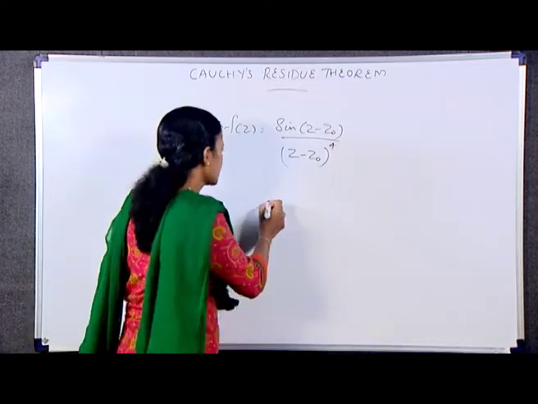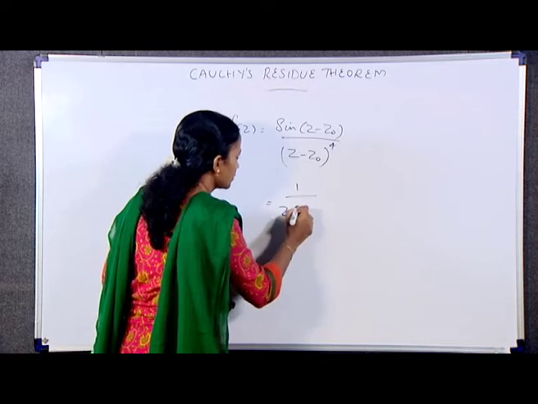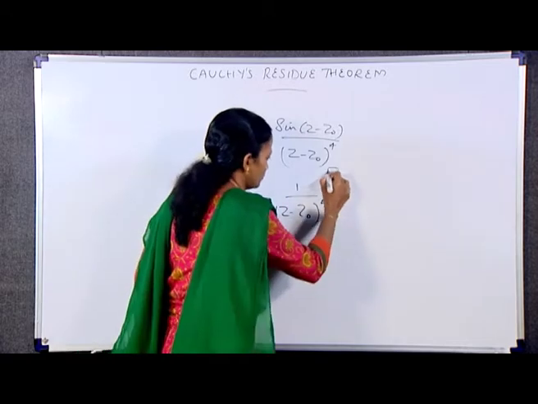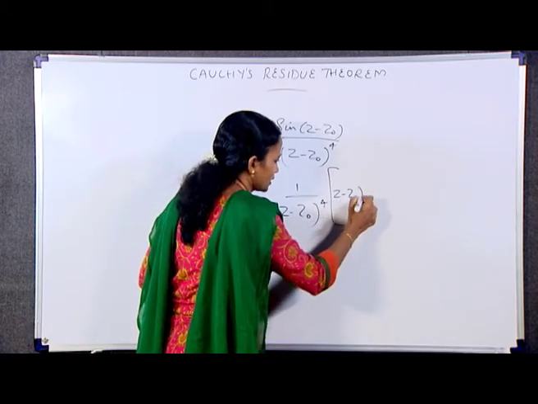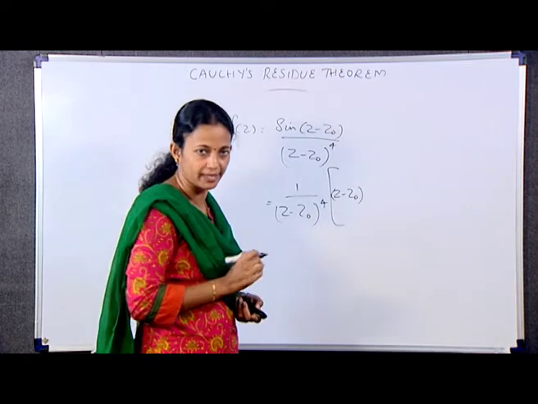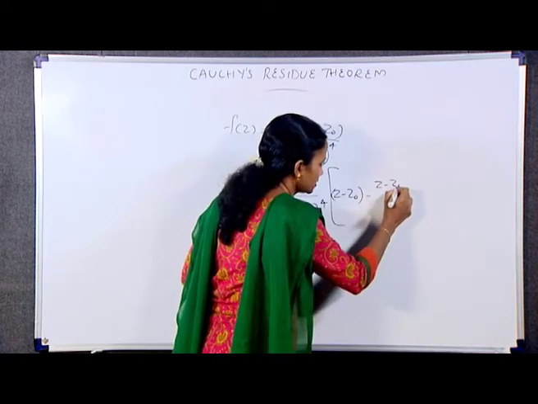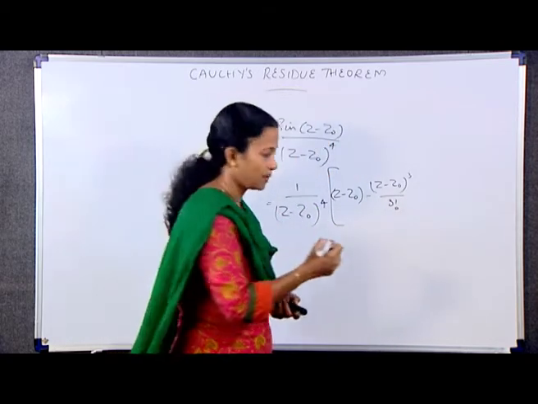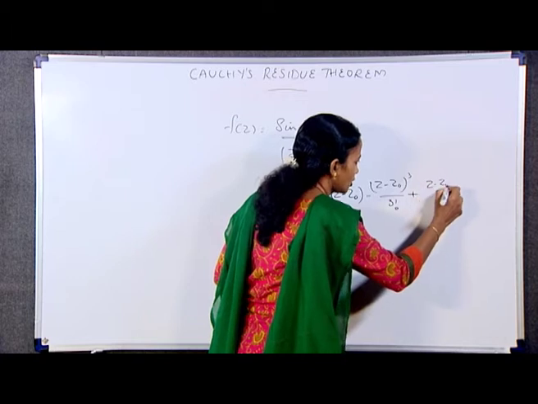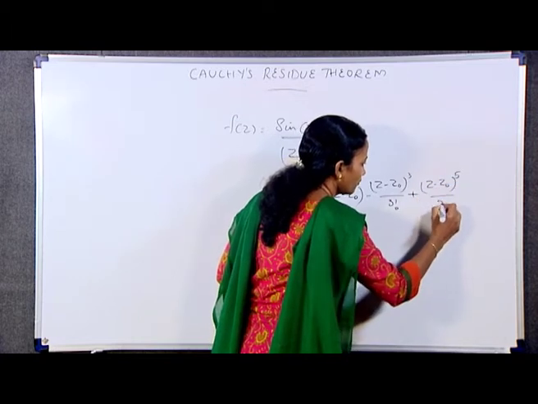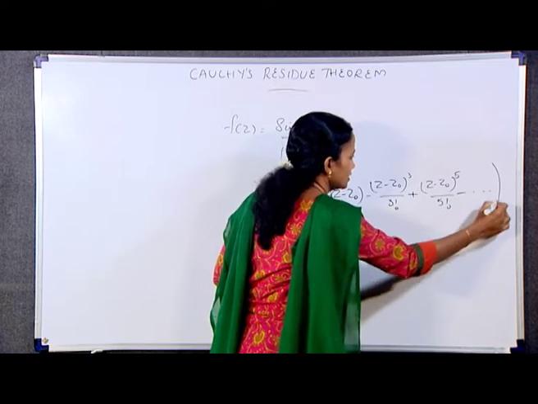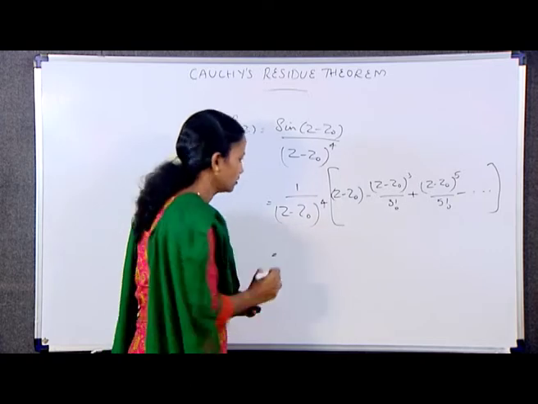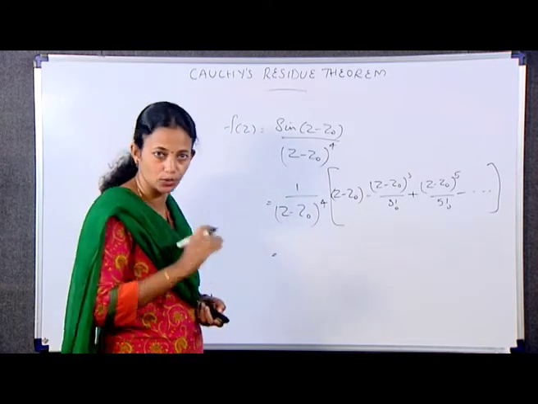This I can write as 1 by (z minus z0) whole raised to 4 into (z minus z0) minus (z minus z0) whole cube by 3 factorial plus (z minus z0) whole raised to 5 by 5 factorial minus etc. This is equal to 1 by (z minus z0) whole cube.